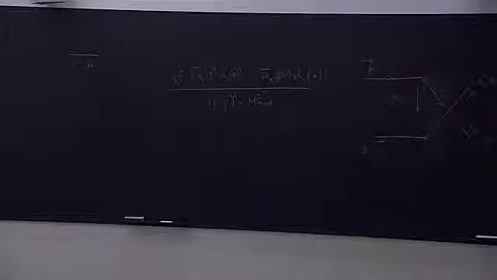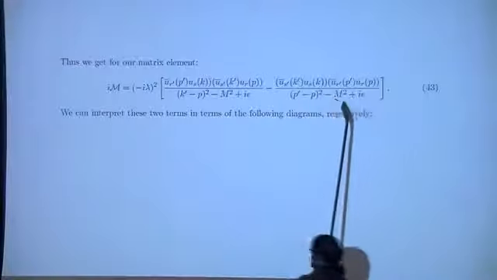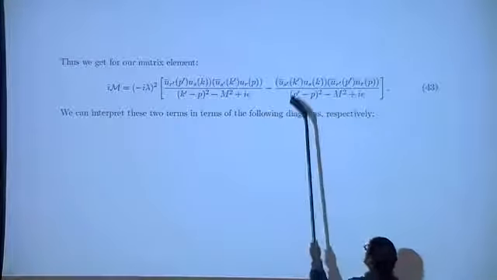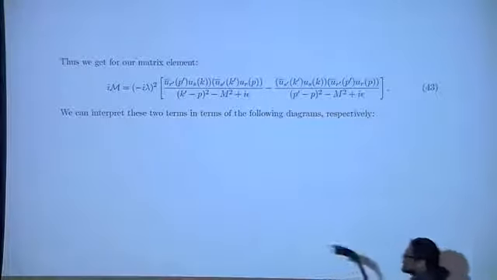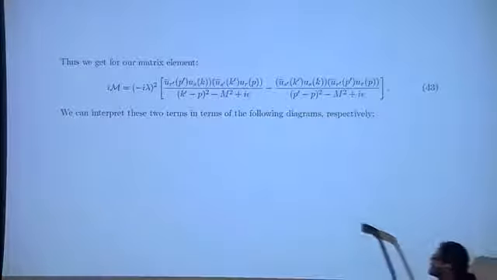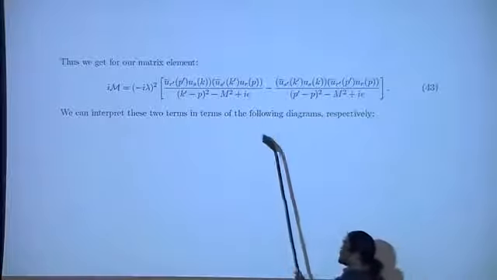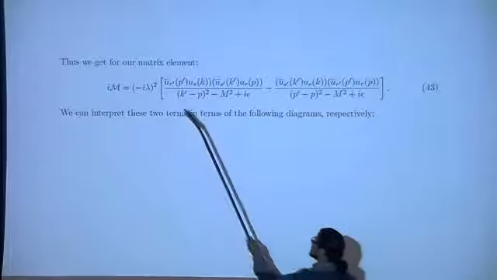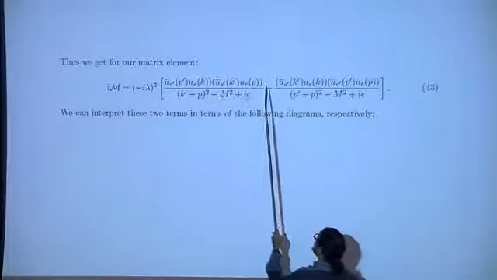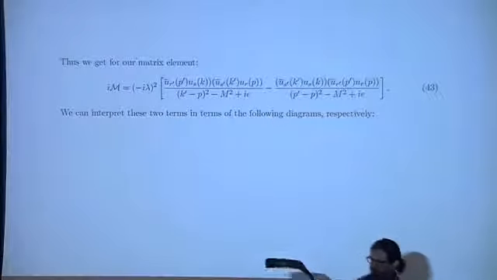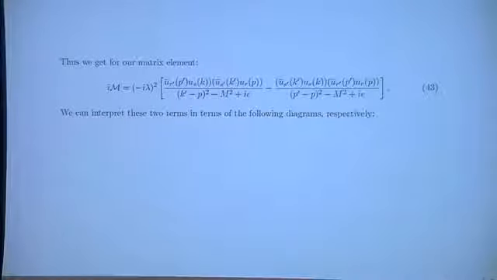And that is precisely what we have derived here, except for this minus sign. So if we use the same Feynman rules, we would actually get exactly this. But this minus sign is a bit tricky, and we will explore it thoroughly in tomorrow's tutorial.